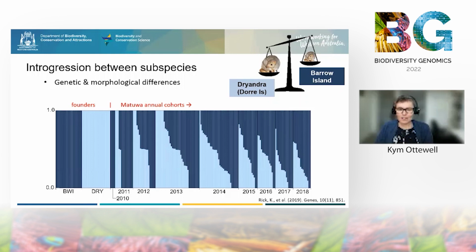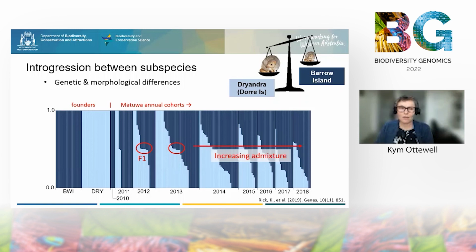So using this data set, Kate was able to find evidence of interbreeding between the two divergent source populations in those first few years of the translocation. So that was evident here with the F1 hybrids detected as a half-half mix of those two different source populations.